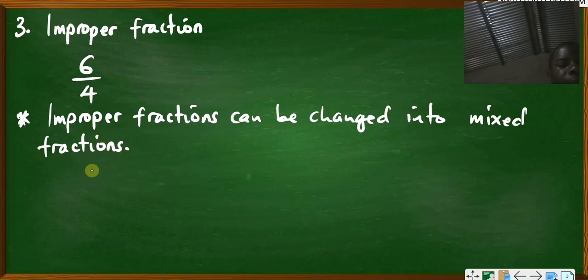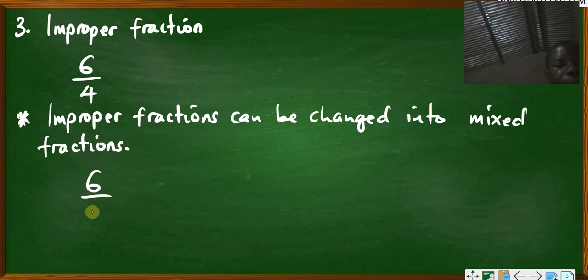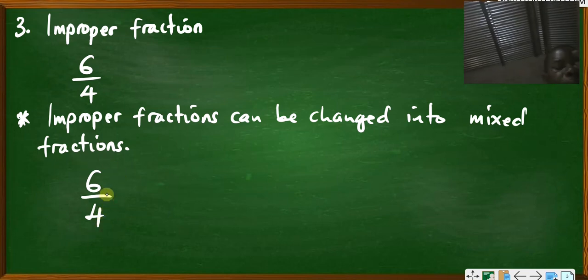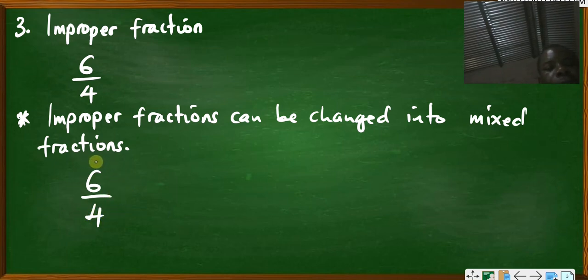So e.g. the same 6 over 4. If it is improper, meaning that it is not proper to write a fraction like this, where you put a larger number as a numerator and a smaller number as a denominator. It is not proper to put it like that. But when you write it like that, then we will say that you have written an improper fraction, which we should always change like this.